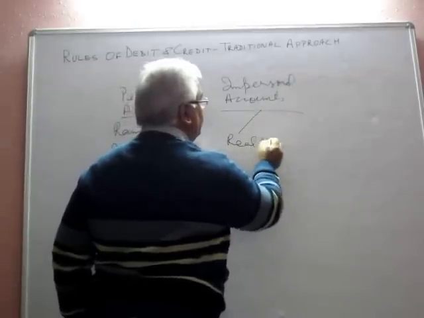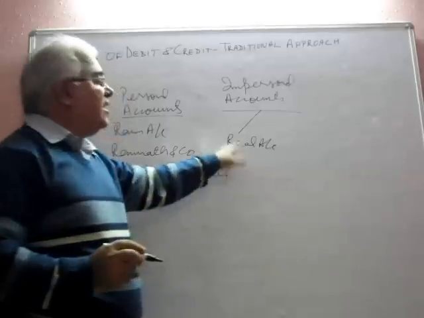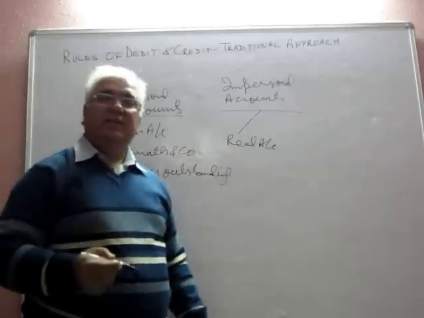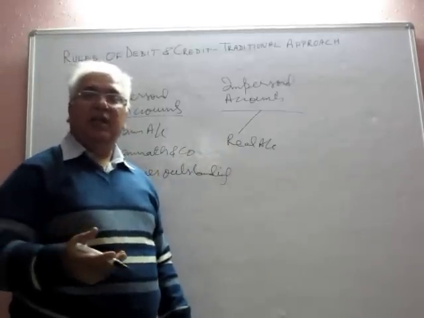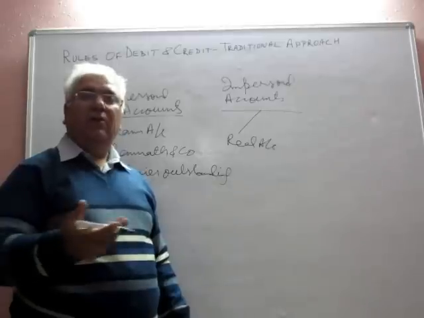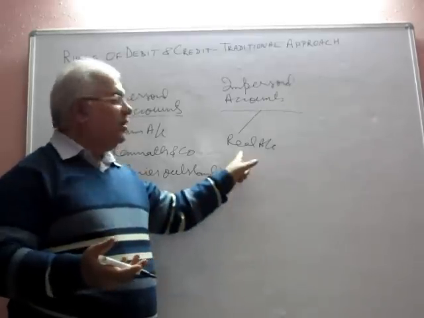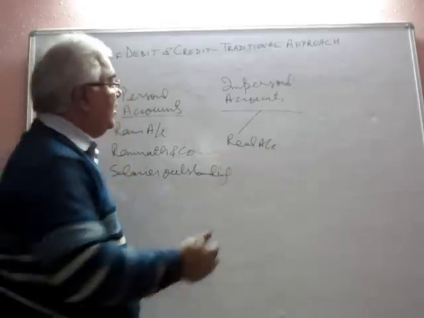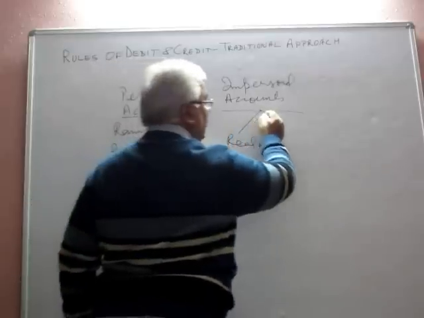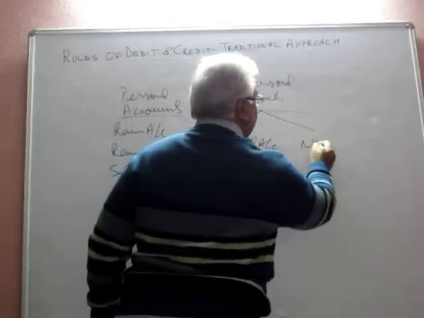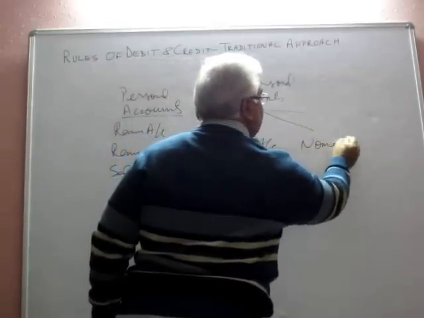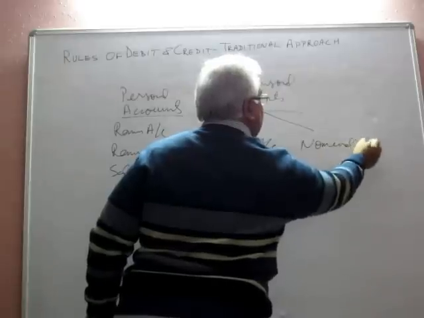Real accounts. Real accounts mean accounts of assets like building, machinery, cash, all the assets we own. They are called real accounts. And in impersonal accounts, the other category is nominal accounts.